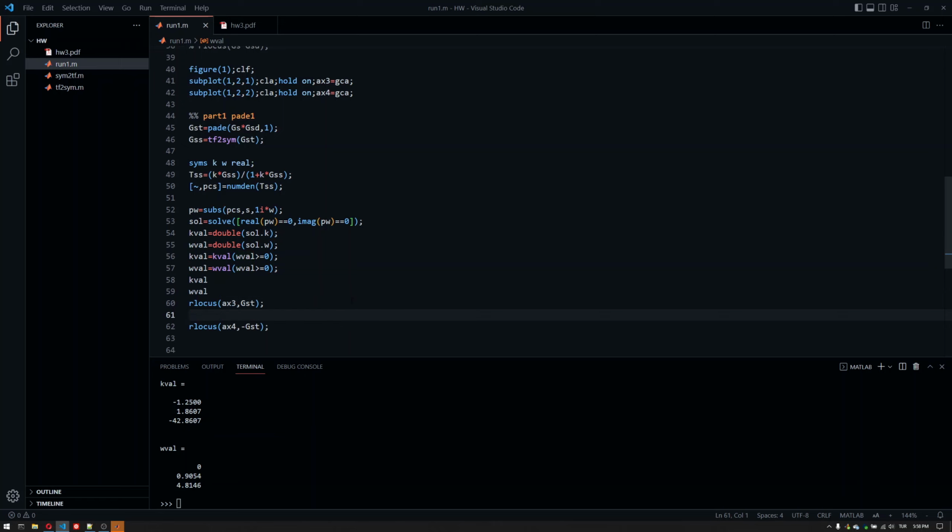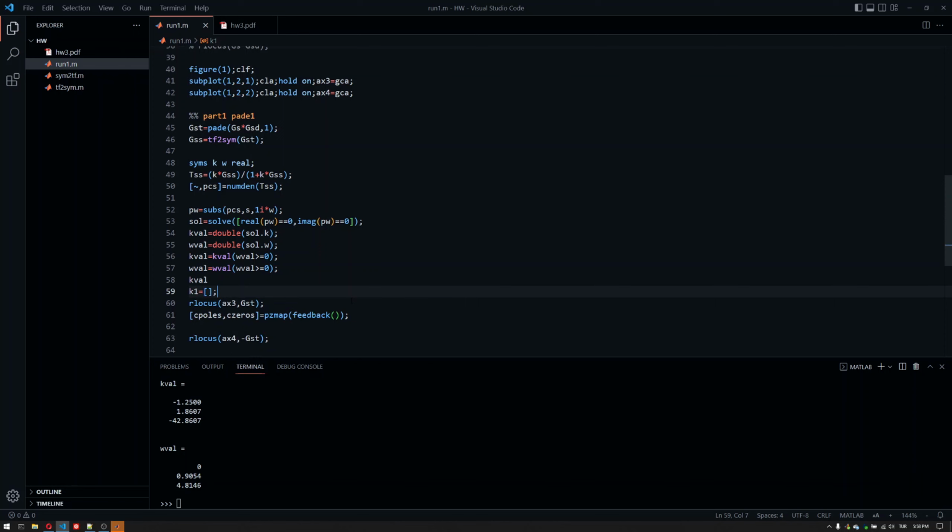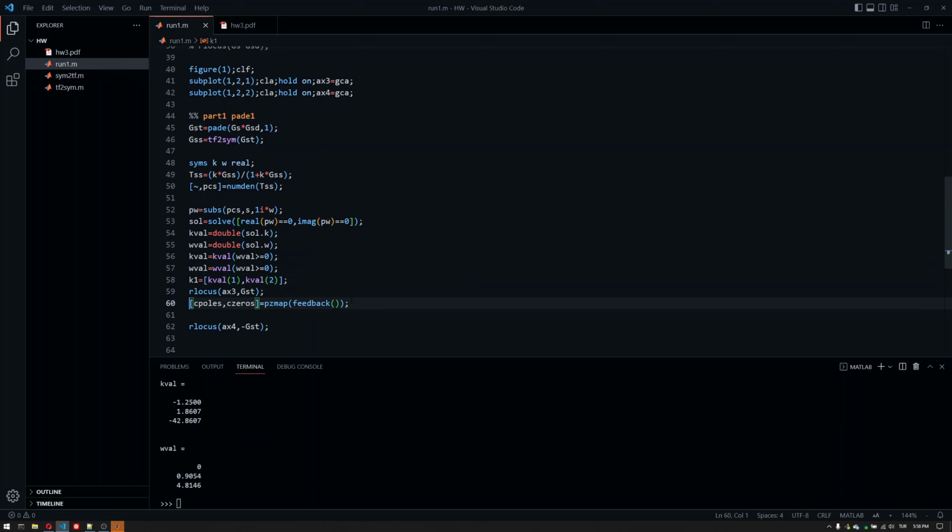I'm going to use pzmap here for poles and zeros, and look for feedback. So let's define K1, so kval 1 and kval 2. That's going to be the important part here.